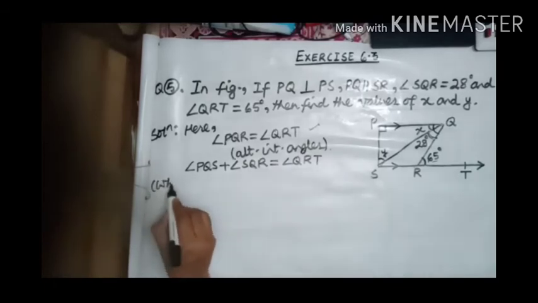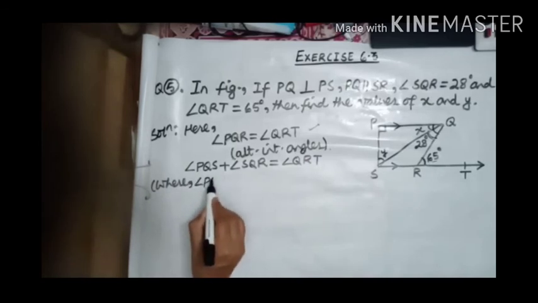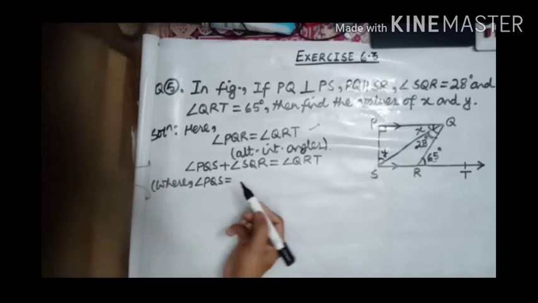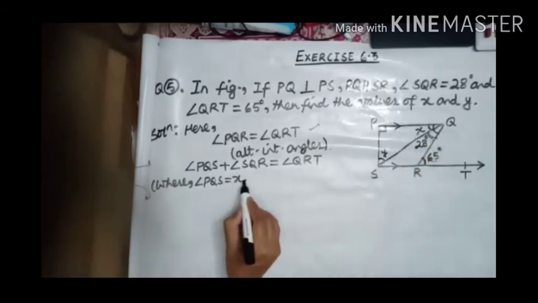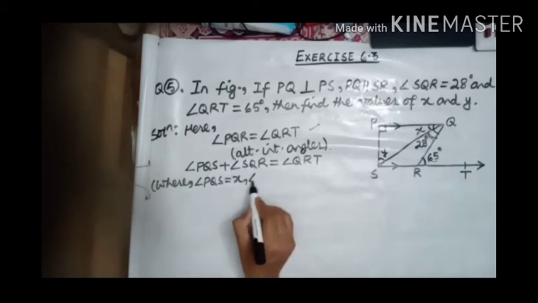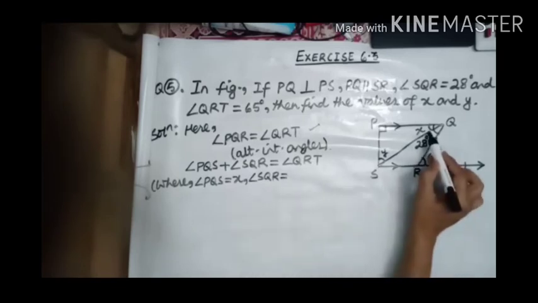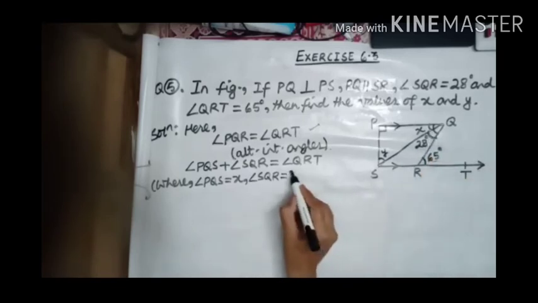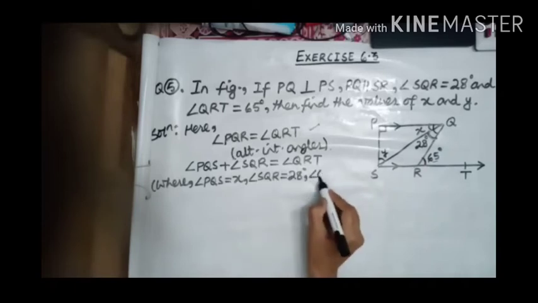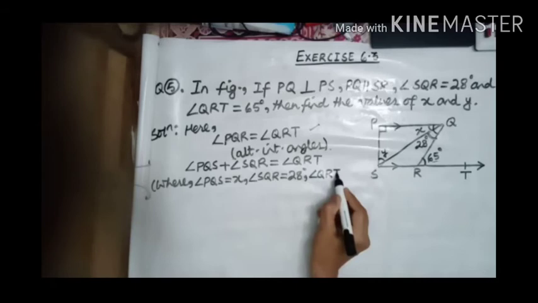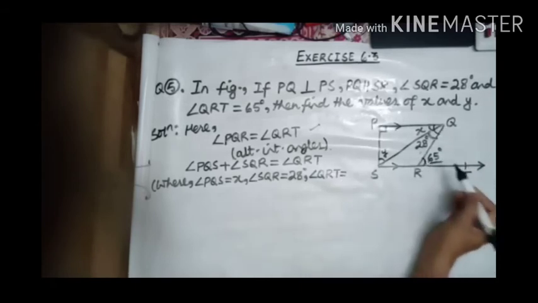where value of angle PQS we have X, angle SQR 28 degree, and that of angle QRT is 65 degree.